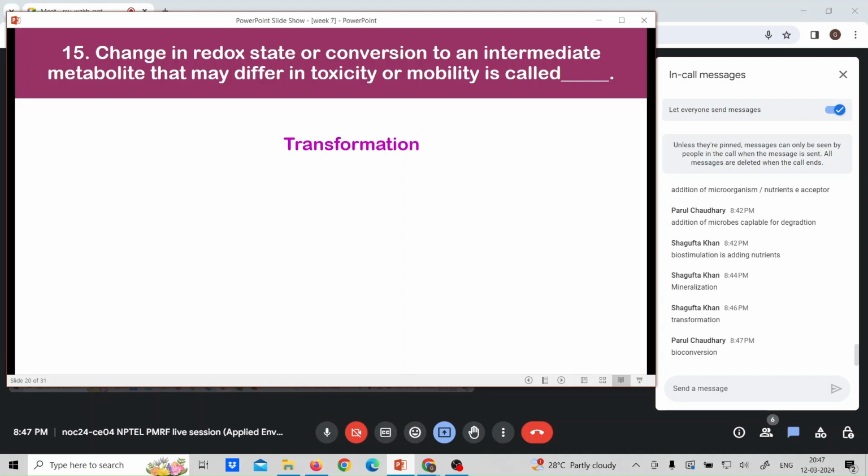I transform A to B, for example, and I say they differ in toxicity, you tend to inherently understand that B is less toxic than A. That's not the case. Sometimes you convert A to B and B tends to be more toxic than A. Even that happens in waste treatment, basically wastewater treatment, which we generally call byproduct formation. Okay, so that's one key point to remember.